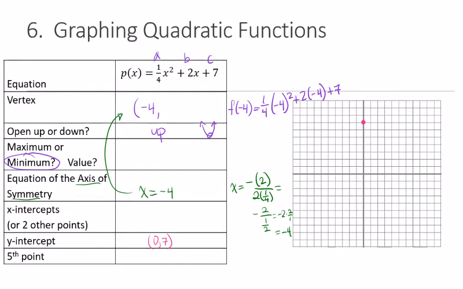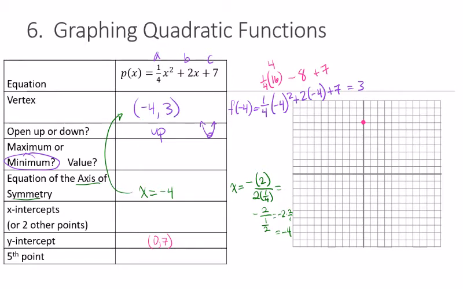Okay, all right, and so basically what I'll get, you don't have to show all this work, you can plug it in your calculator, but I'll get 1/4 times 16, which is of course 4, and it'll be positive 16 because I am squaring the negative here. And then 2 times negative 4 is negative 8 plus 7, right? So I get basically 4 minus 8 plus 7. So that's negative 4 plus 7, which is 3. So this comes out to 3. So (negative 4, 3) is our vertex.